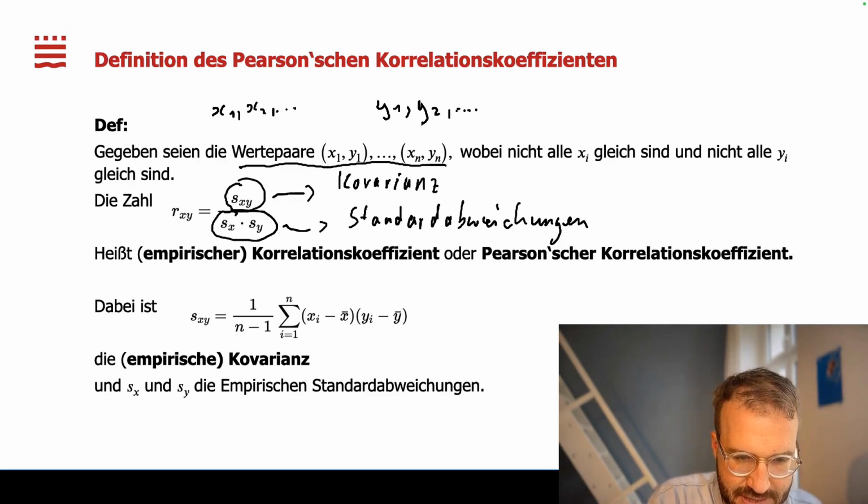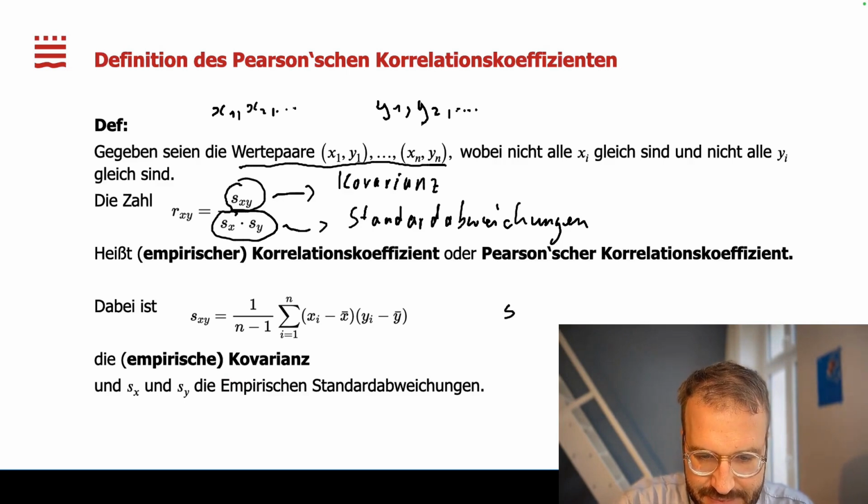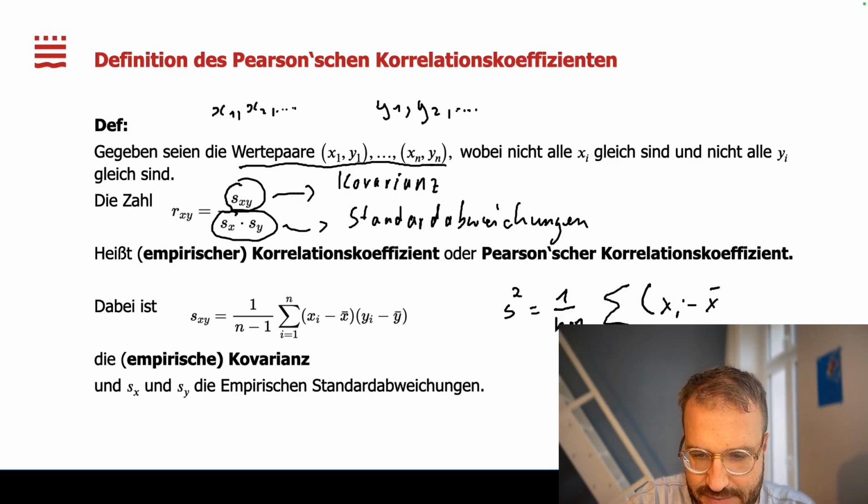We can see it here. This is the covariance, or also empirical covariance, because it concerns samples. And to understand that, I would briefly describe how variance was defined once again. That was s squared, and we could write it as 1 over n-1, and then we formed the sum of (x_i - x̄) squared.